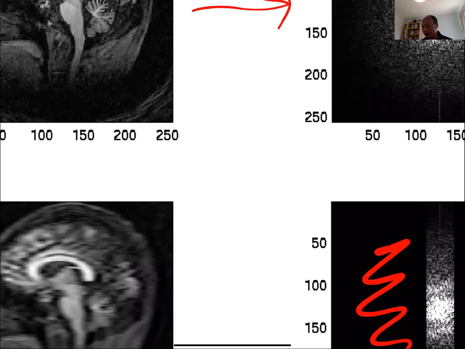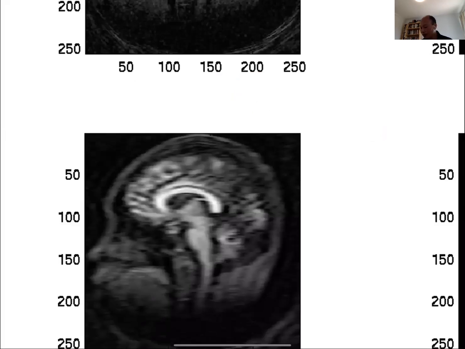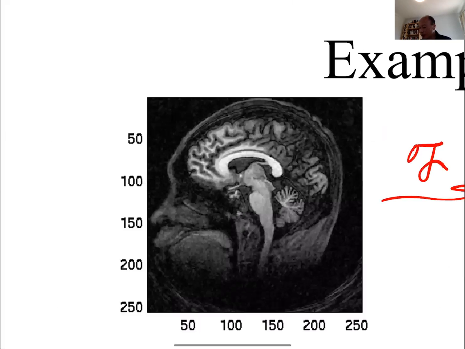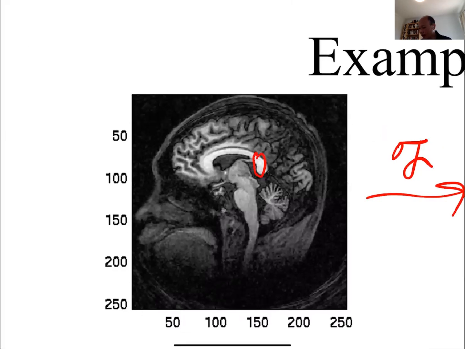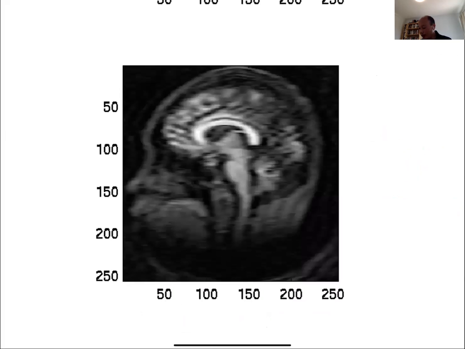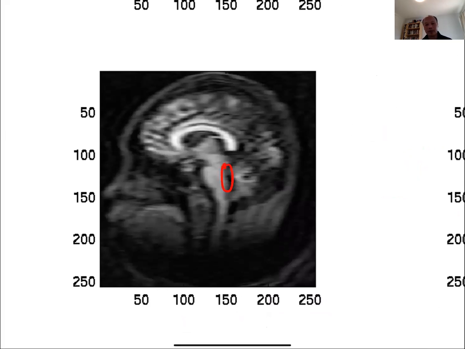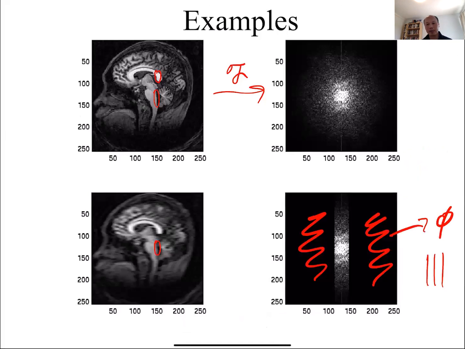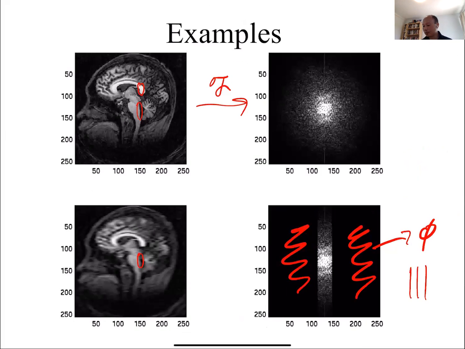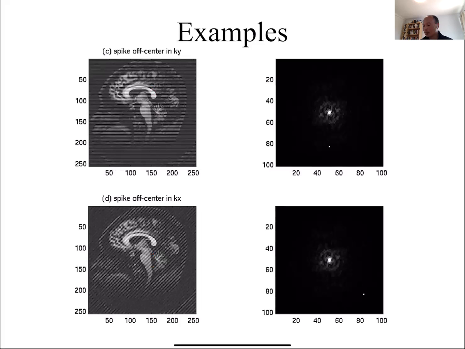If we zoom in on this image, you notice these edges are pretty sharp in this image, and here they're fairly blurry, since I've gotten rid of that detail. That's what happens when I get rid of that part of K-space. There are more examples in the supplementary session.